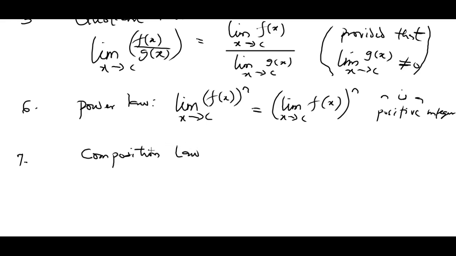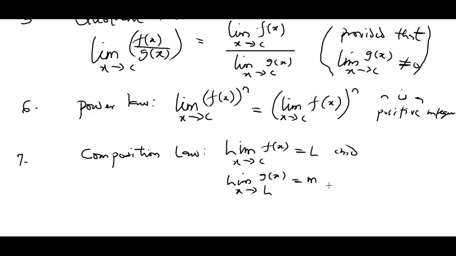Composition law. Now, in composition law, if the limit of f of x as x tends to c equals L, and the limit of g of x as x tends to L equals m, then we can conclude that the limit of g of f of x as x tends to c equals m.